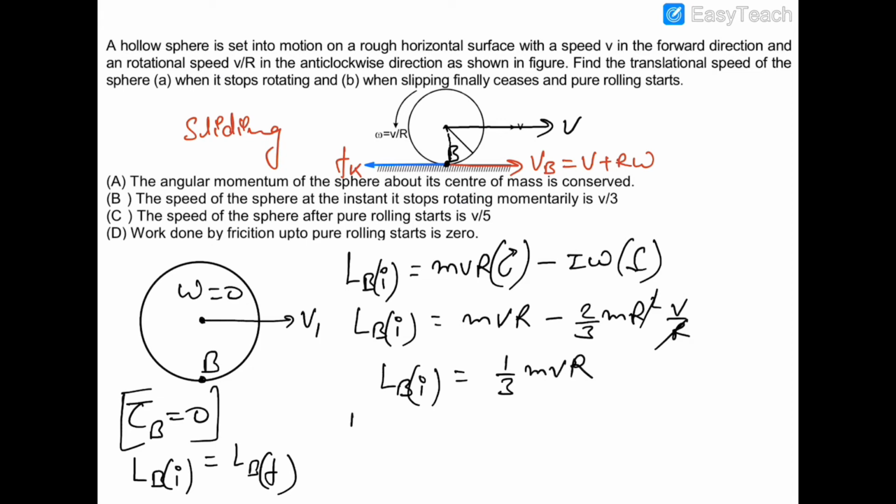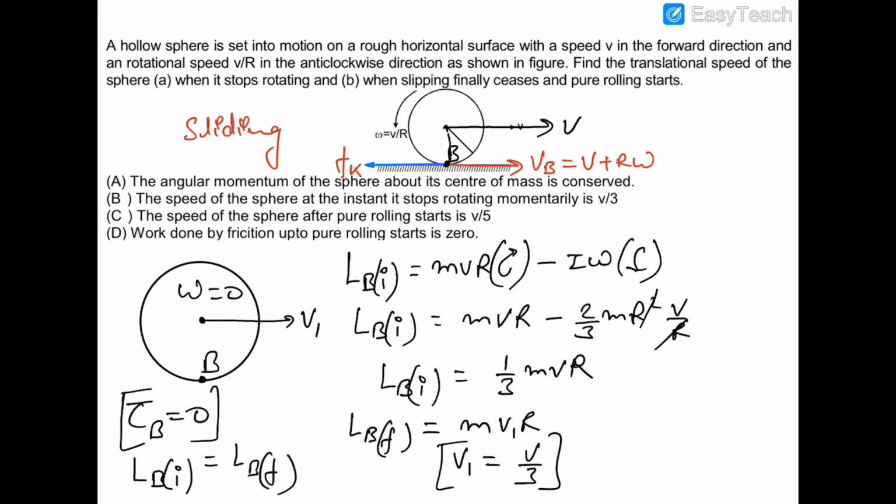Now the final angular momentum about B will be only mv1r, because in this case the sphere is only translating and not rotating. If we balance these two, then v1 will be equal to v by 3. So when the sphere is not rotating, the speed of its center would be v by 3.